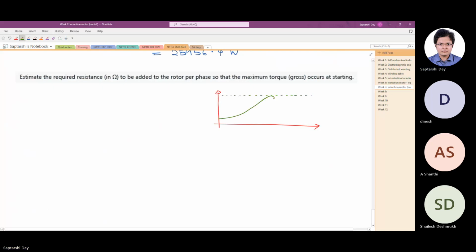Now suppose this is the natural torque-speed characteristic. If you add rotor resistance, the slip at which the maximum torque occurs, Sm, reduces, but the maximum torque remains constant.